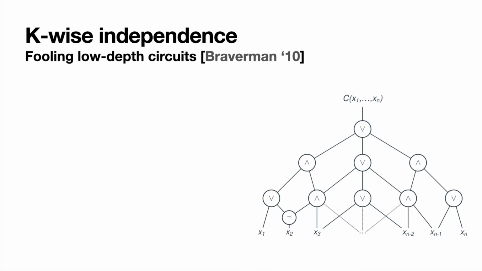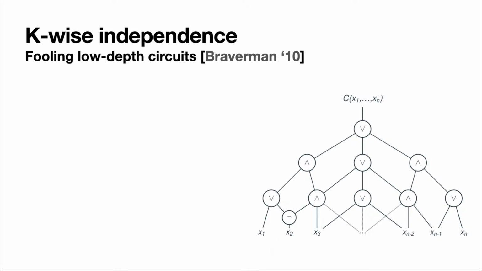So let's recall what a circuit is. That's a Boolean circuit, right? It computes a function over n variables using ORs, ANDs, and NOT gates. The size of a circuit is, say, the number of wires here. And the depth of a circuit is the length of the longest path from the output to a leaf, to an input, to a variable.